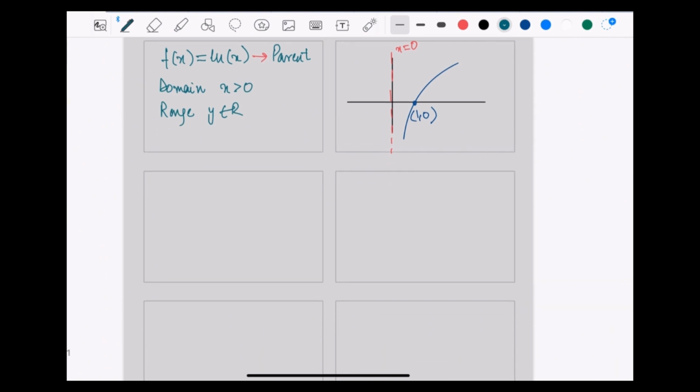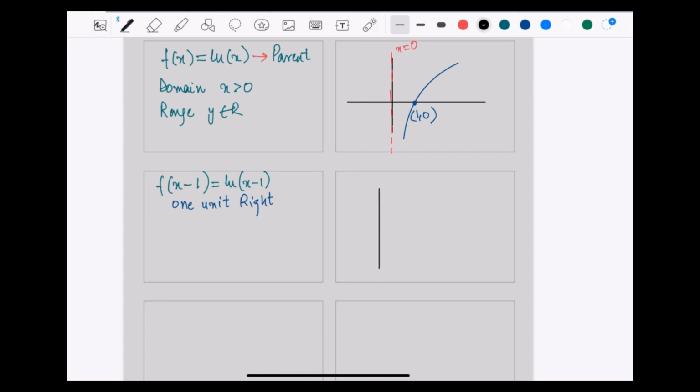If I say f of x minus 1, the same function becomes ln of x minus 1. Instead of x, I replace it with x minus 1, and the graph translates 1 unit right. So the whole system moves 1 unit right.